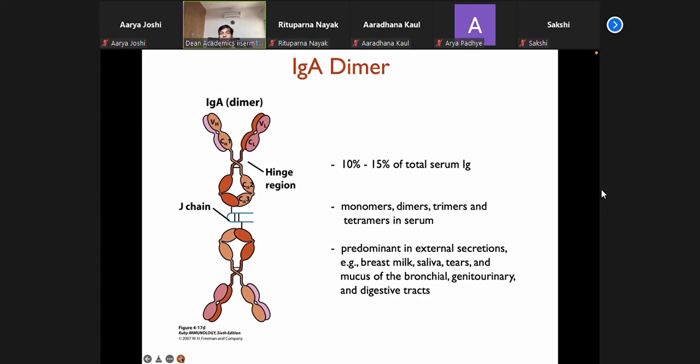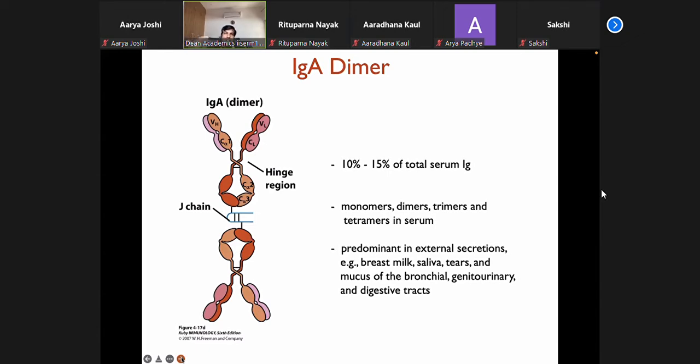Now, if you have to protect yourself against a mucosal infection, the most common antibody isotype you would want to induce is IgA. For example, you have activated your B cells so that they now start producing IgA type antibodies.